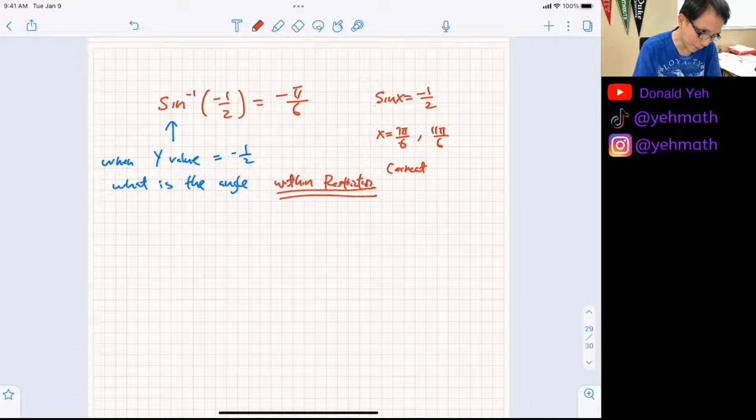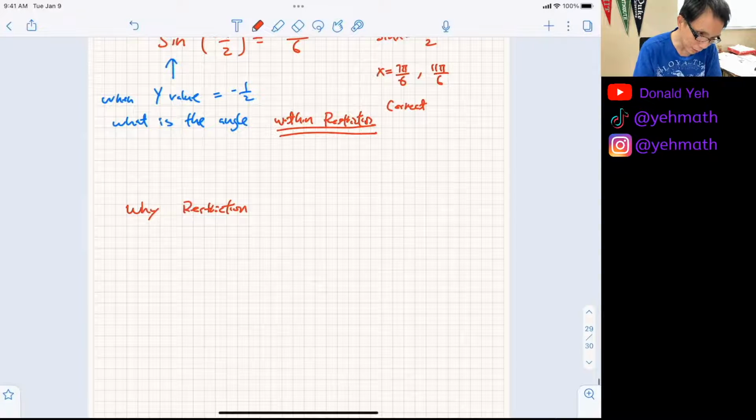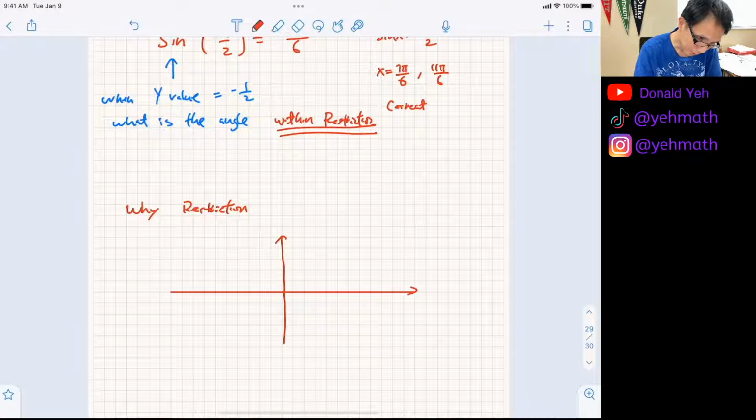So the y restrictions, right? If I look at a sine graph, it should look something like this. It should oscillate, starting from 0, like this, and like this.